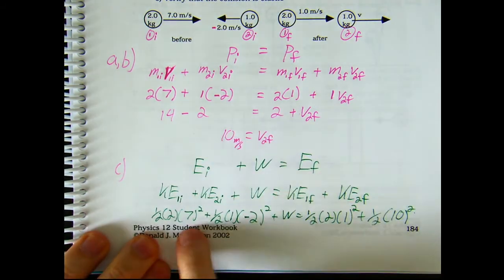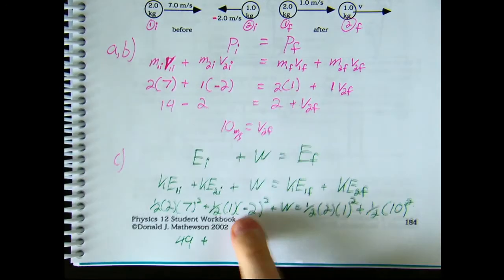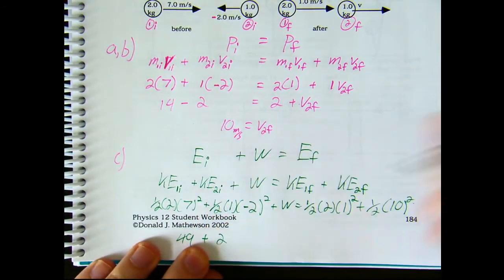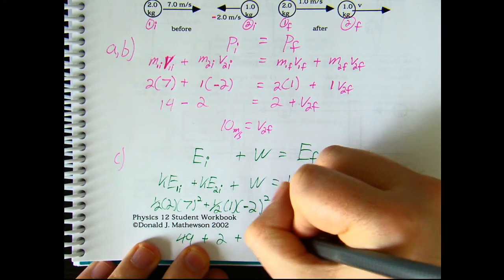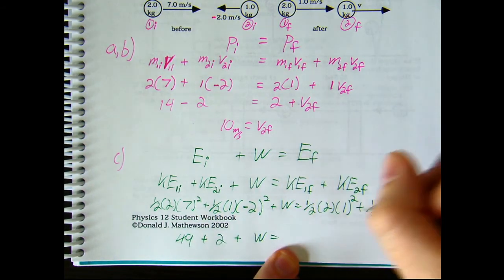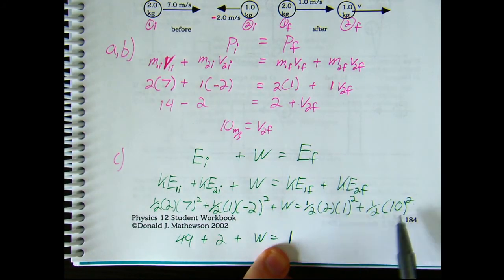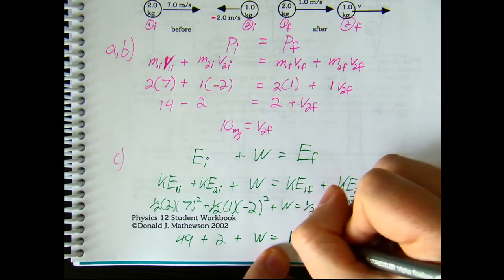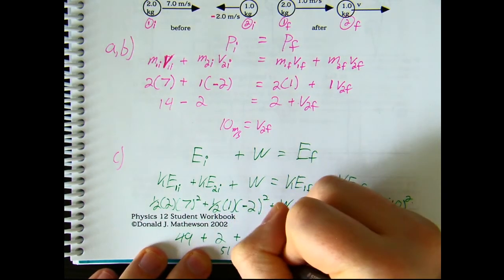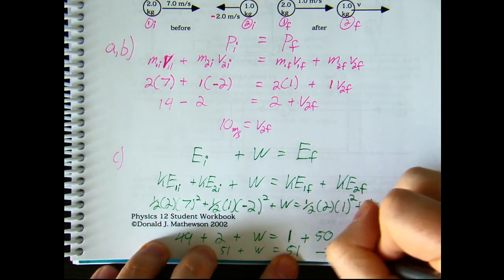Half of 2 is 1, so 7 squared is 49, plus negative 2 squared is positive 4, and a half of that is 2, plus work equals a half of 2 is 1, and 10 squared is 100 times a half is 50. So I get 51 plus work equals 51. I can subtract my 51 over, and we're going to see here that work equals 0.